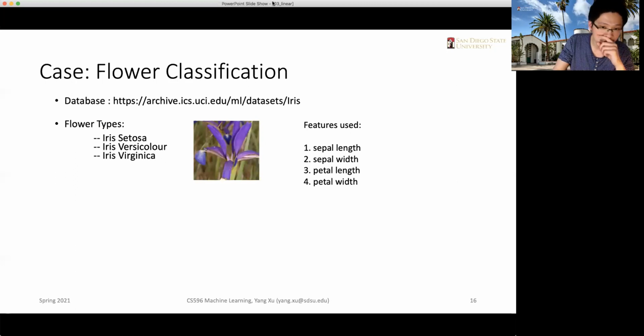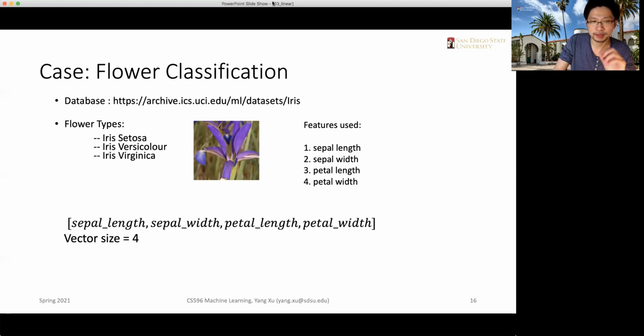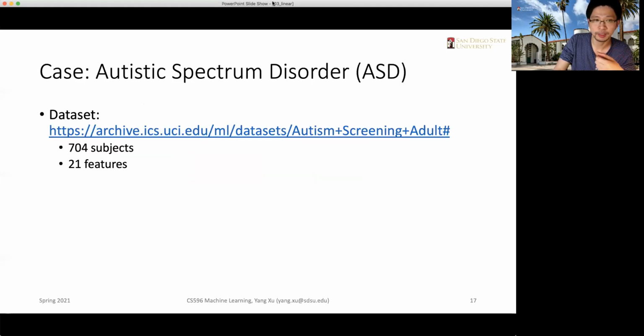And also more features used compared to our salmon versus sea bass example: sepal length, petal length, petal width, sepal width. This is a famous example for data science classes, produced by UCI's machine learning repository. In this case, the vector has 4 entries, like we have those lengths, those measures included in one row.